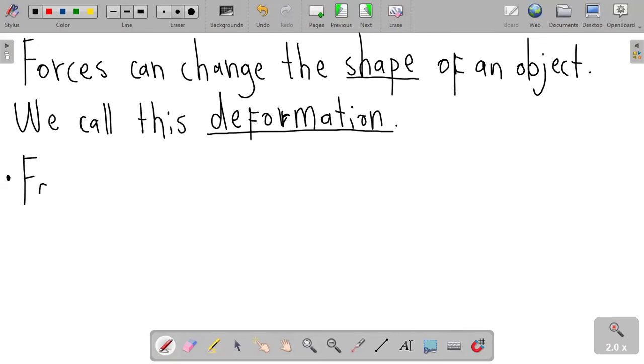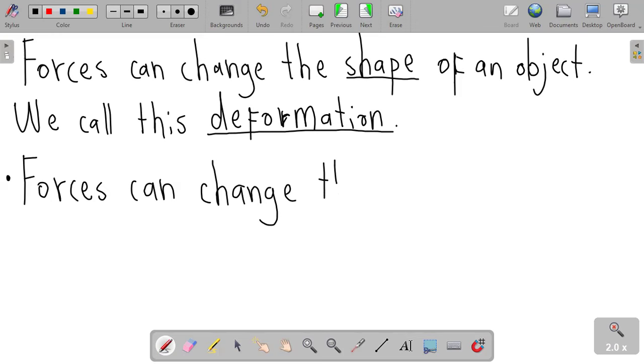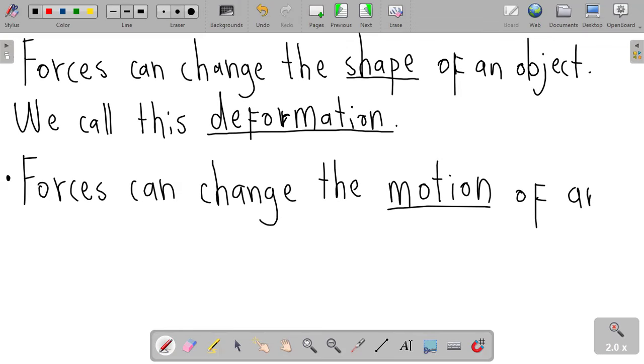So forces can change the motion of an object. The keyword here is motion of an object.